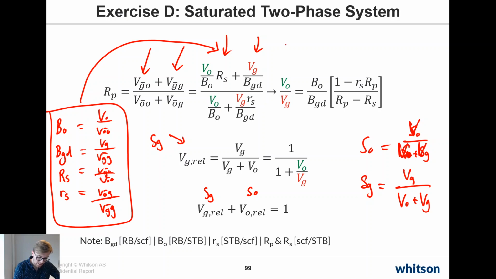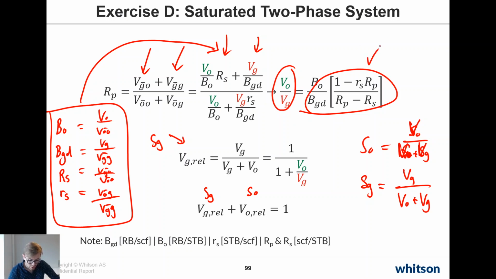If you do some of the algebra, you will be able to take the RP, translate into a range of reservoir volumes, formation volume factors, and GORs, and isolate this particular ratio right here. All of these properties will be known. In this particular case, we have RP, and as the exercise was given, we also had all the PVT properties, so all of these are known.